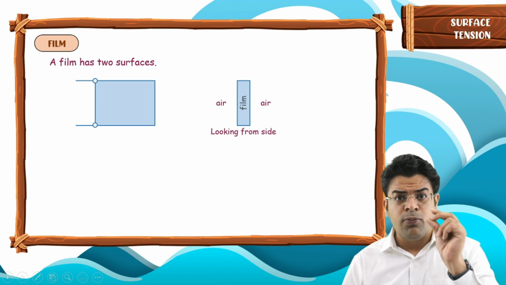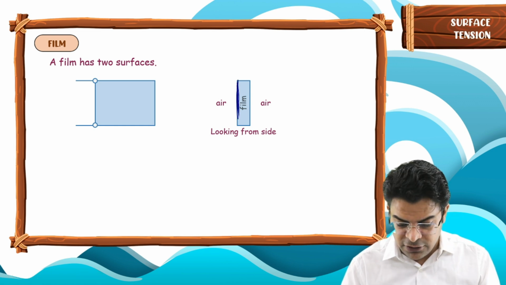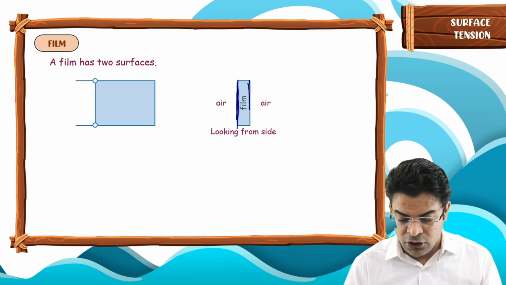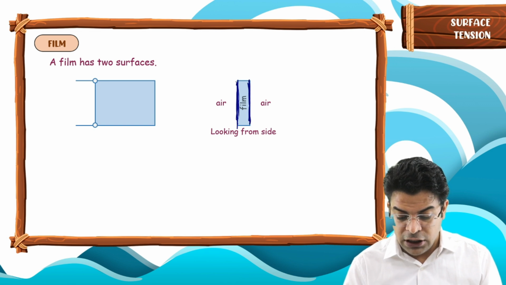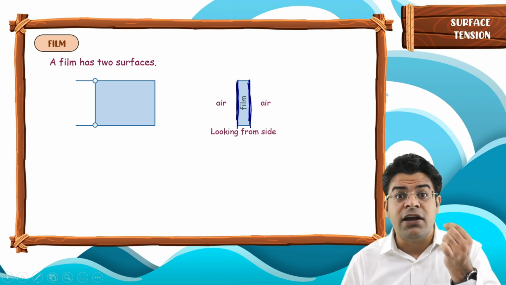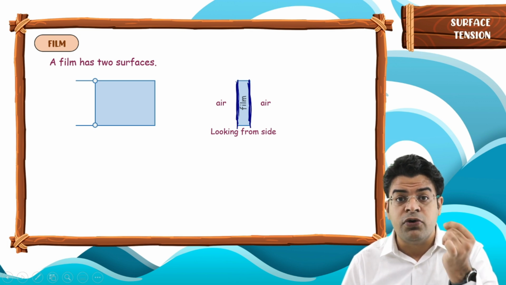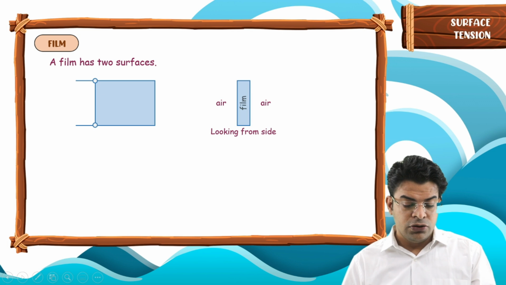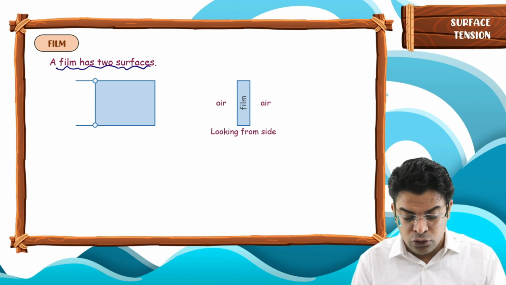So fluid molecules are present on this left surface as well as on the right surface. The more molecules present on the surface, the greater the surface potential energy. So remember that a film has two surfaces.